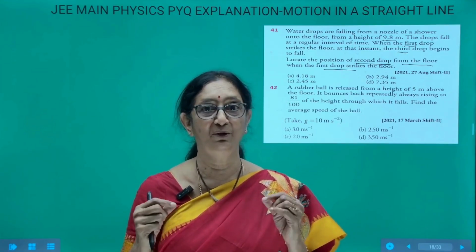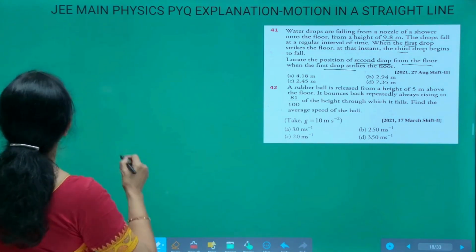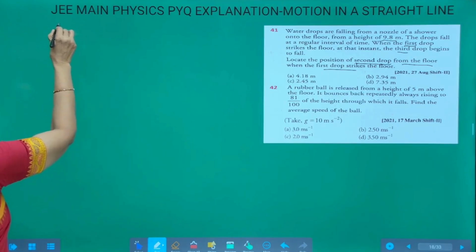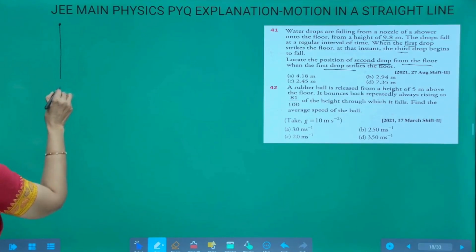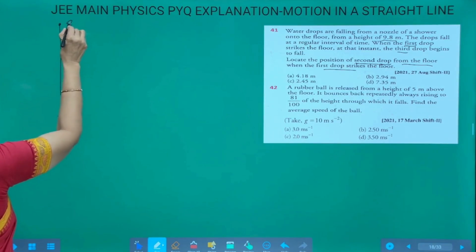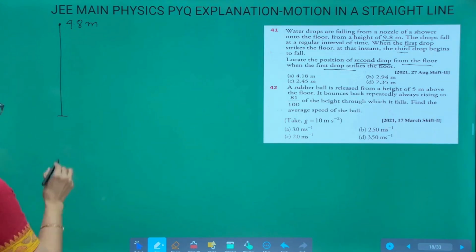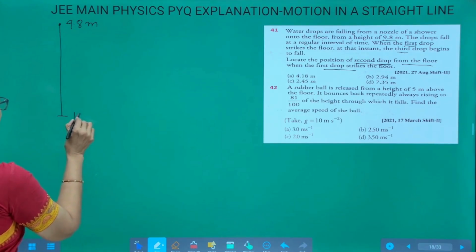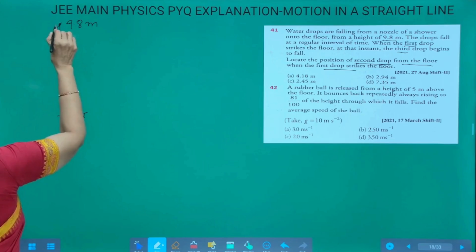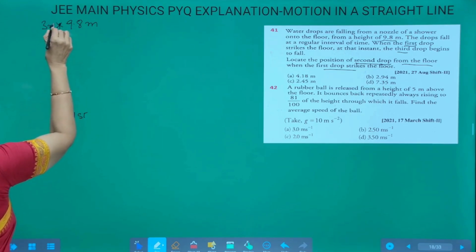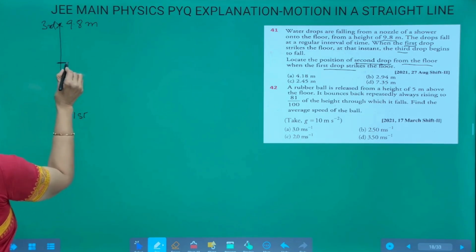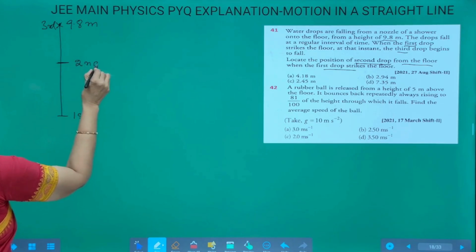So follow me very carefully. Water drops are falling at regular intervals from the nozzle which is at a height of 9.8 meters. By the time the first drop touches the ground, the third drop is about to fall. So the second drop is somewhere here.